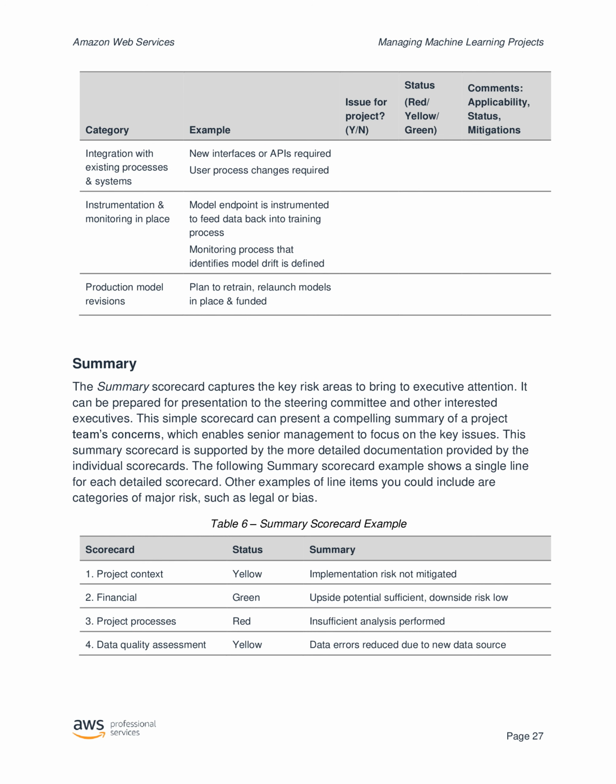This simple scorecard can present a compelling summary of a project team's concerns, which enables senior management to focus on the key issues. This summary scorecard is supported by the more detailed documentation provided by the individual scorecards. The following summary scorecard example shows a single line for each detailed scorecard. Other examples of line items you could include are categories of major risk, such as legal or bias.